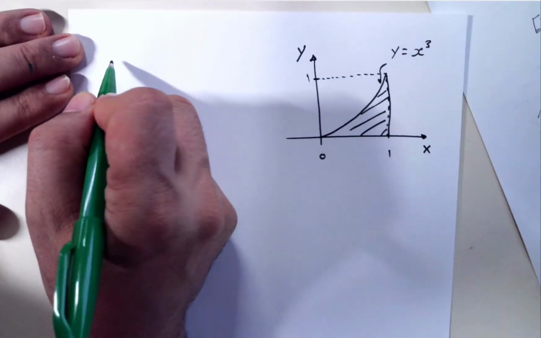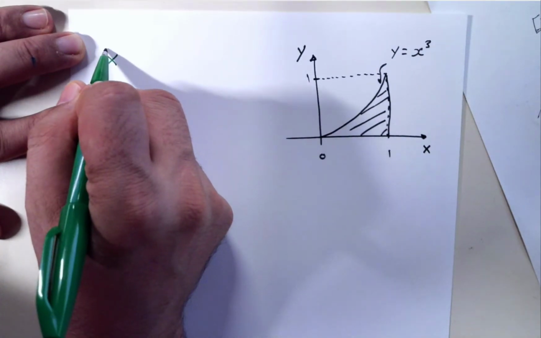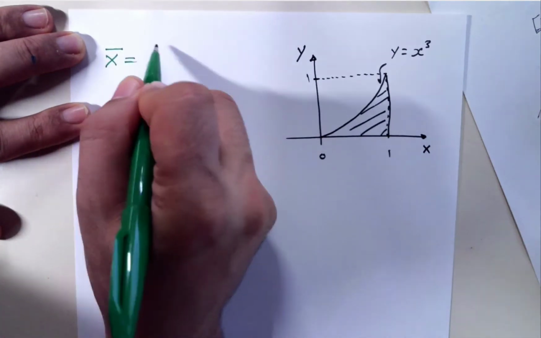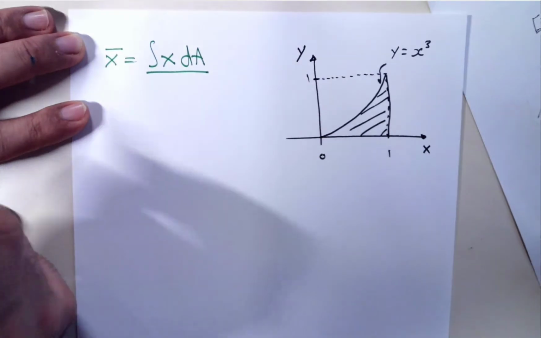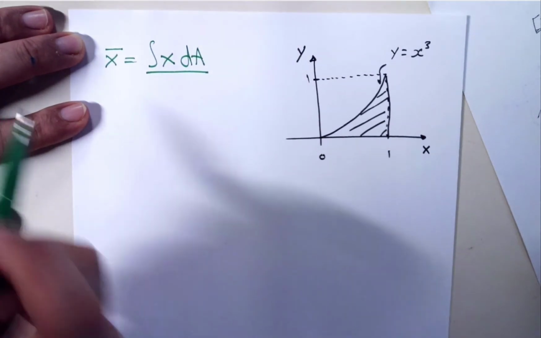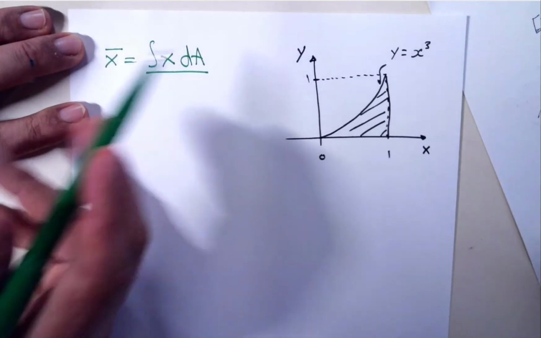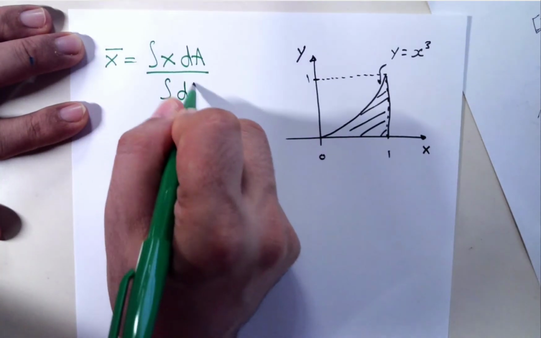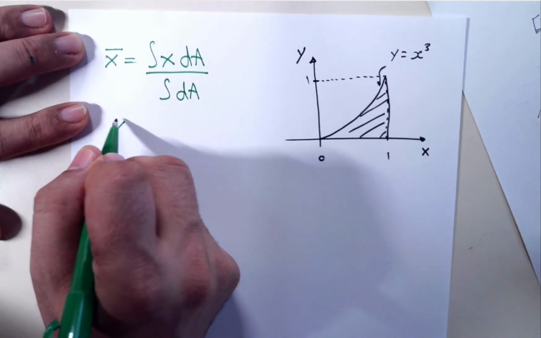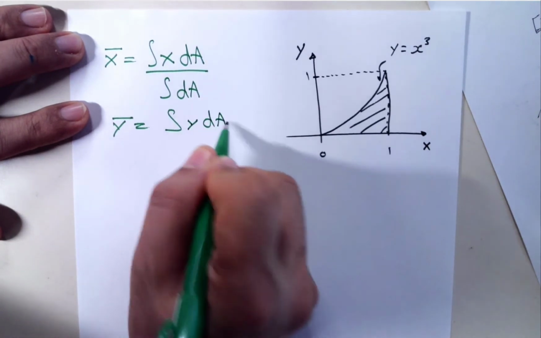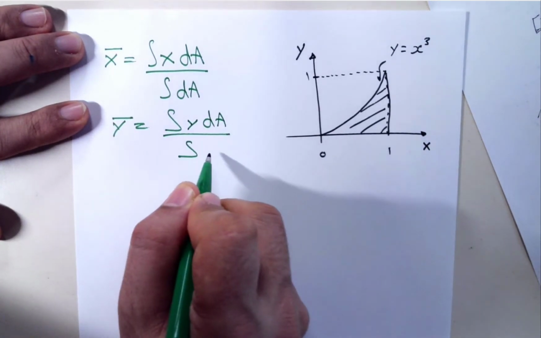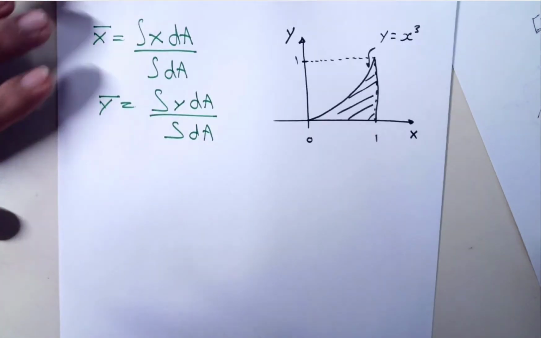So I'll start with x bar, right? It's integration of x dA over the total area, and since this is 2D, so you don't have to put dV. And y bar is integration of y dA over integration dA, right?